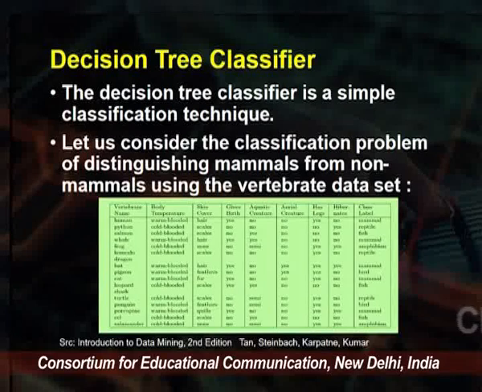So this is basically a multi-class classification problem because it will result into multiple classes, but we are converting this problem into a binary classification problem by only dividing the vertebrates as belonging to two classes, that is mammals and non-mammals, right. So it's this example that we will be using for building a decision tree.